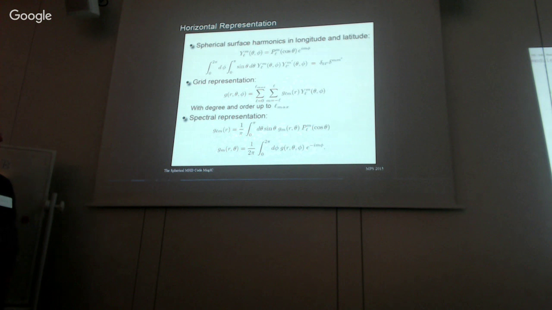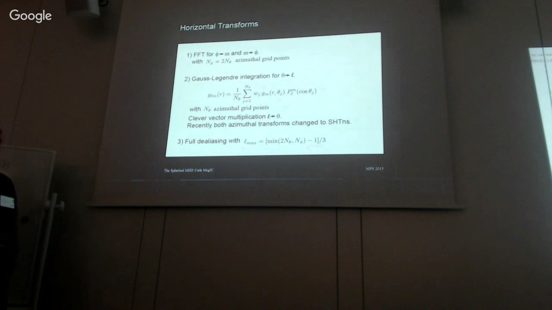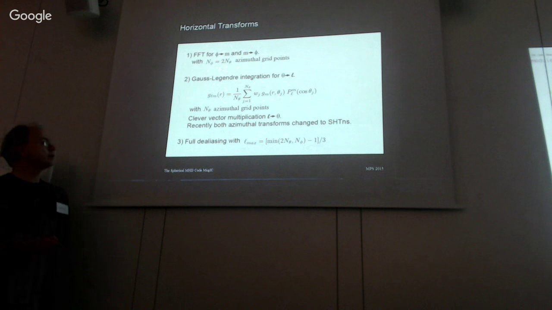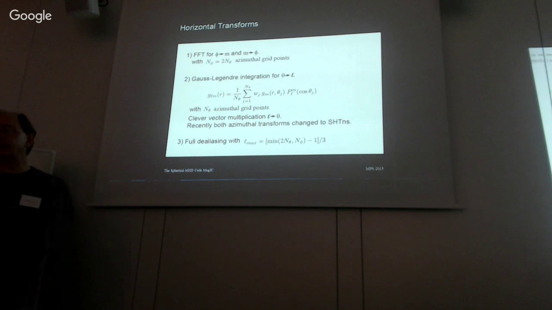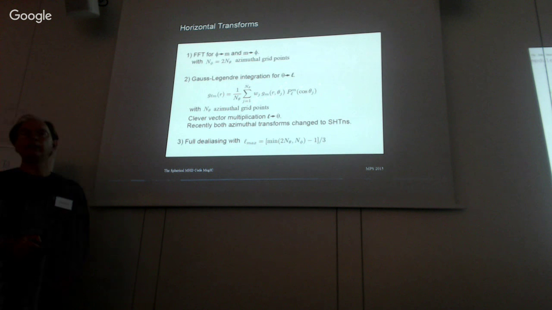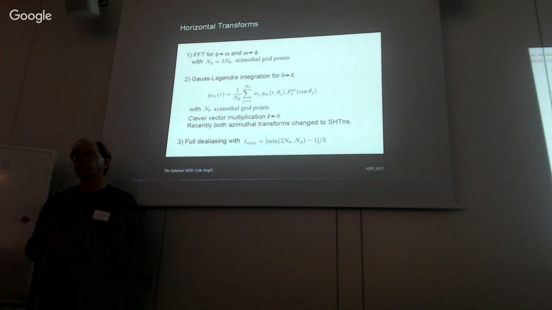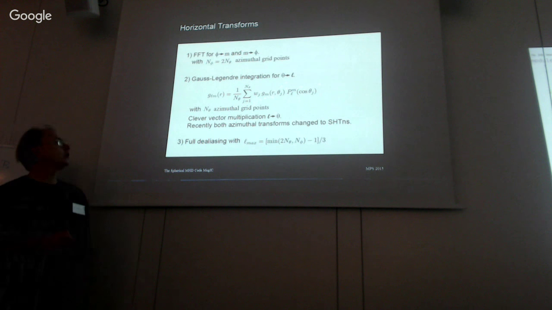Well, this is also an integral, and what we actually do, as I said, in longitude we use fast Fourier transforms, and for latitude we use what is called a Gauss-Legendre integration, which is actually an exact integration in latitude if you choose the correct grid points, the Gauss-Legendre grid points, and then you have to weight them in the correct way with this weight W. If you do this, you get an exact representation for the truncation L max, so for the maximum degree you've chosen for your spherical harmonics.